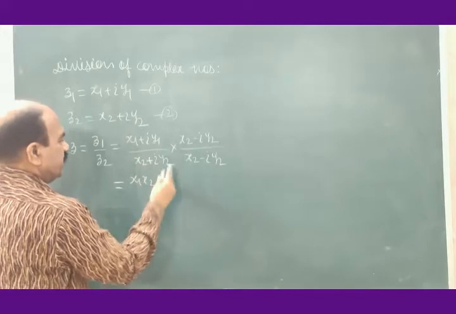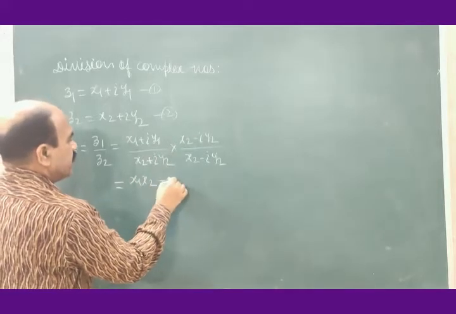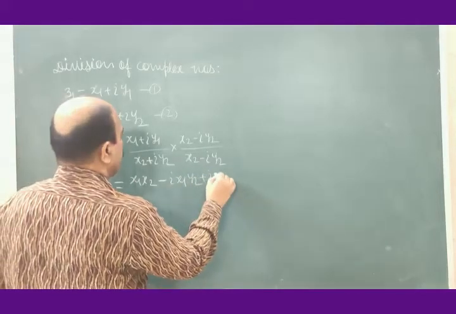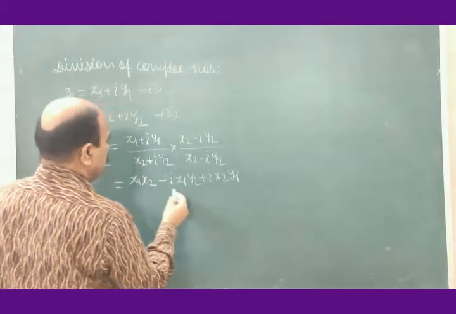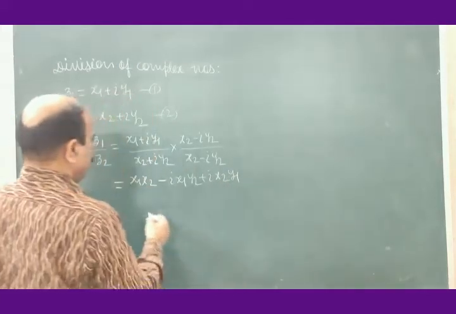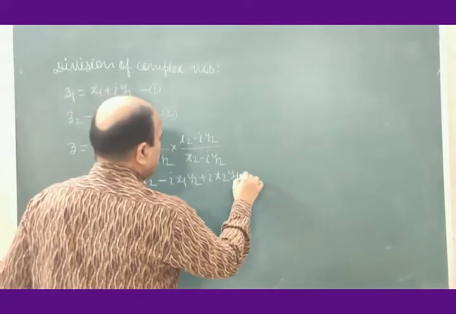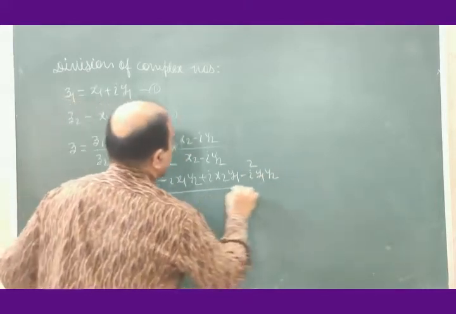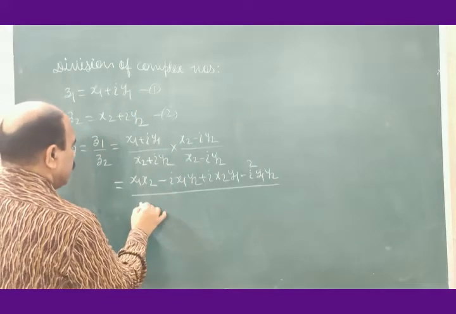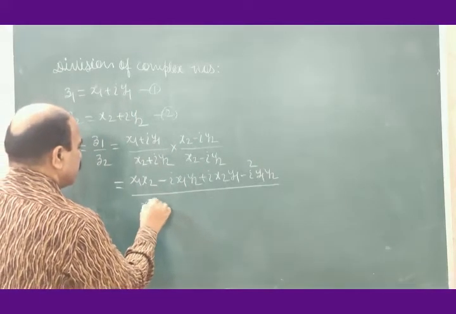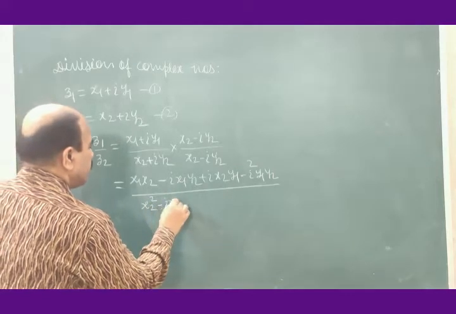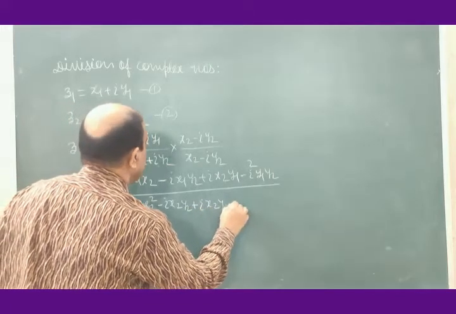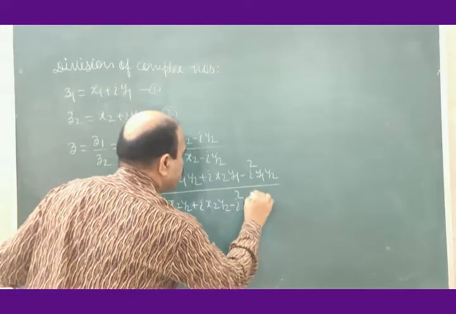x1 into x2 minus i x1 y2 plus i x2 y1 minus i square y1 y2, divided by x2 square minus i x2 y2 plus i x2 y2 minus i square y2 square.